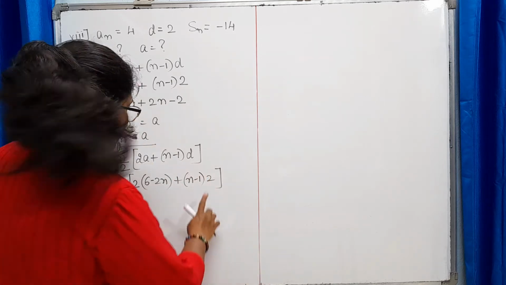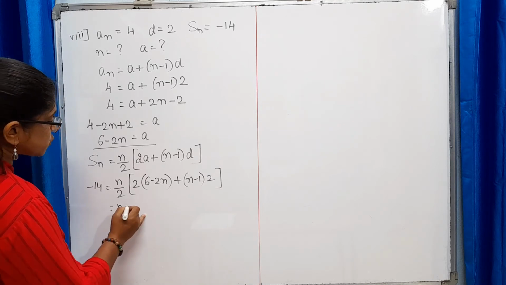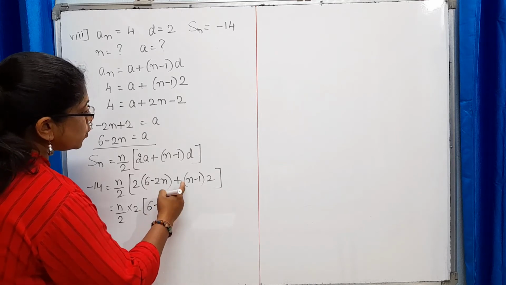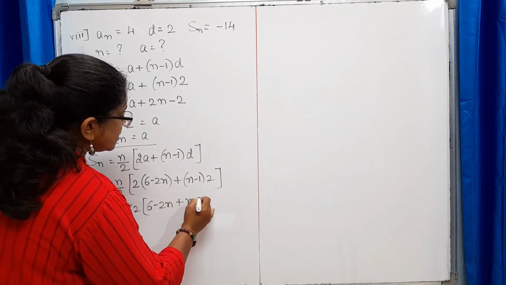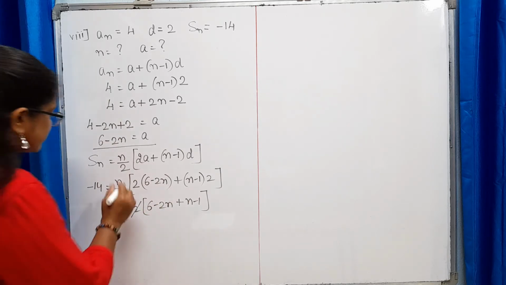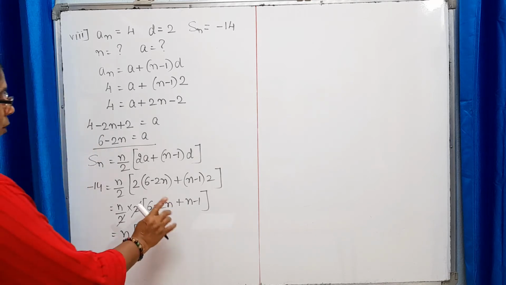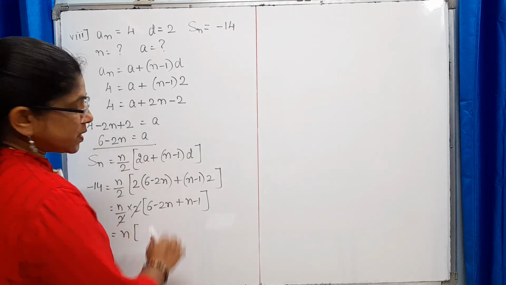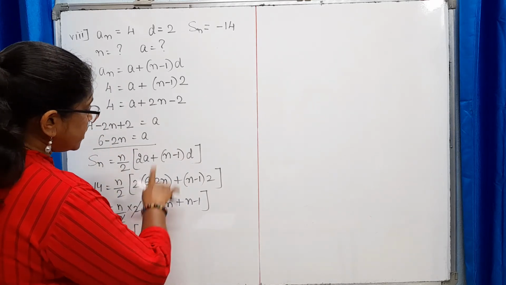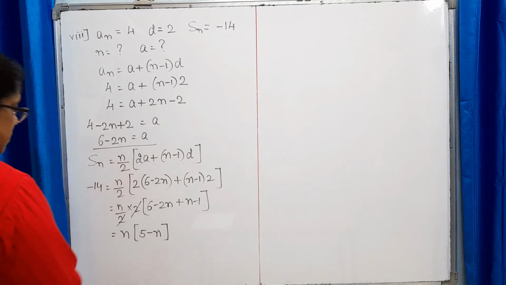Even here I will do one thing. I will take this 2 out common so that we can cancel it with this 2. 2 into the bracket 6 minus 2n plus n minus 1. This is what is remaining in this bracket. 2 and 2 get cancelled. N into the bracket. Now here 6 minus 1 is 5, minus 2n plus n is minus n. So what do we have here?